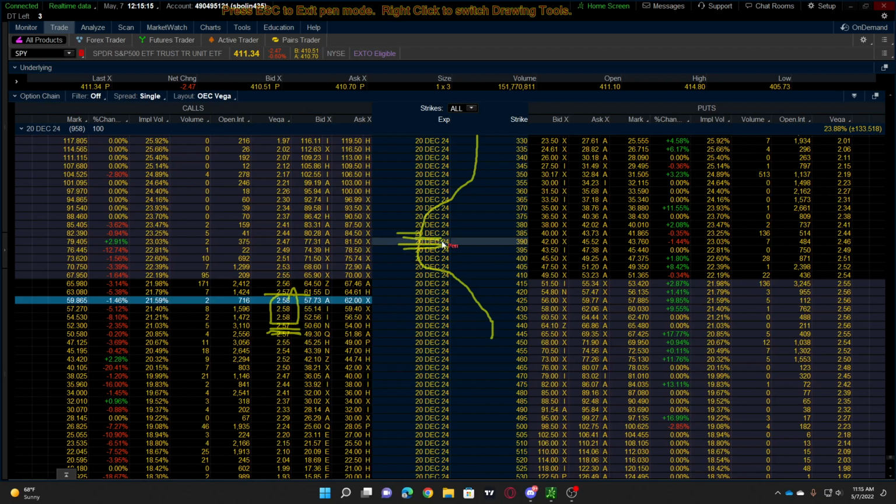If you're trying to put on a trade that will benefit from a volatility crush, or perhaps a trade that will benefit if volatility rises, then we can look at this and recognize where the greatest amount of Vega is, because Vega will be applied to that option's price, either as a positive or a negative. Volatility can come into the market, but it can also go out of the market.